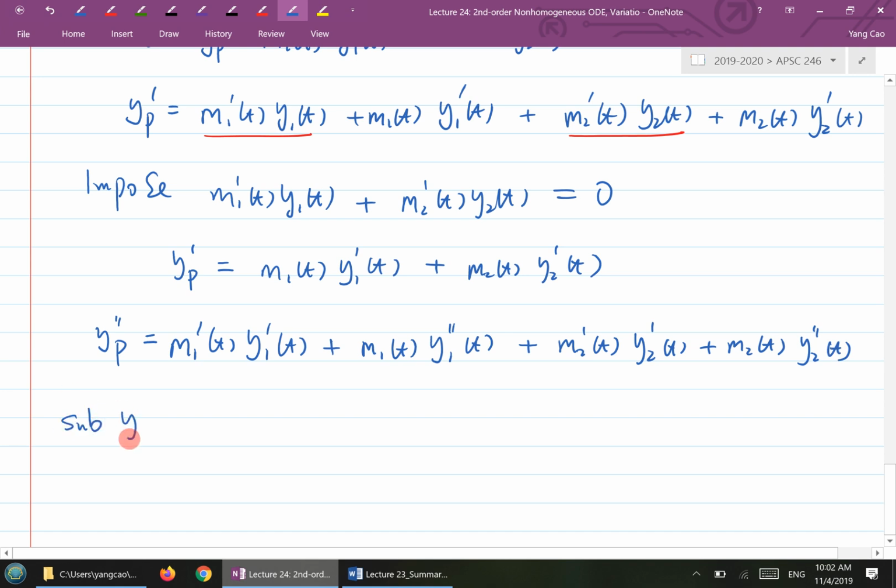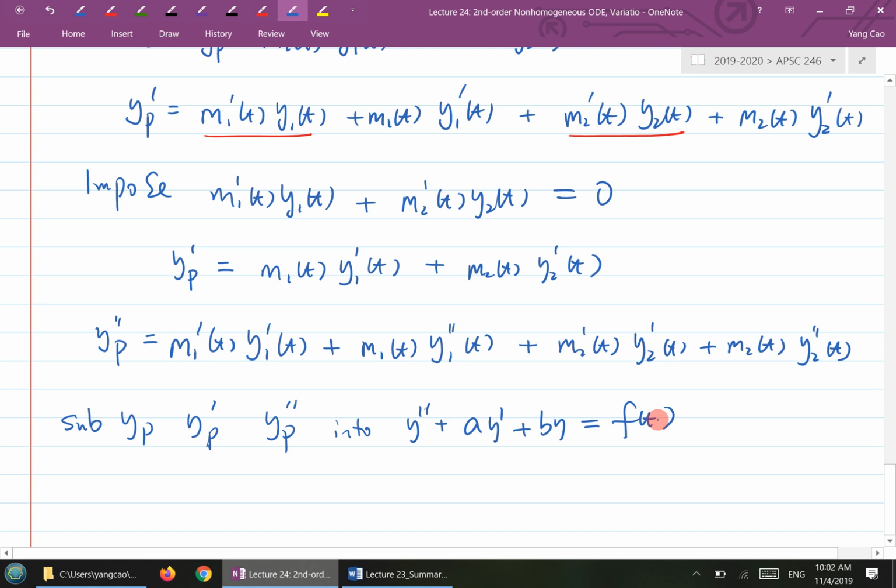We substitute this YP prime and YP double prime back into Y double prime plus AY prime plus BY equal to F of T. So we substitute back into this non-homogeneous second order ODE. And by the way, you're not going to do this every time when you solve this kind of question using variation of parameters.